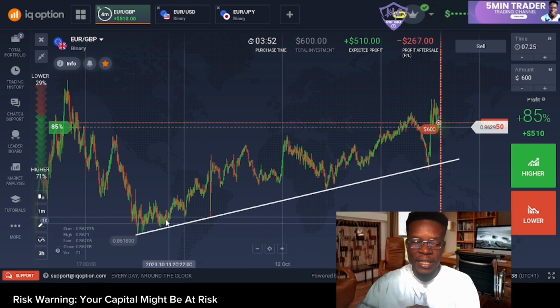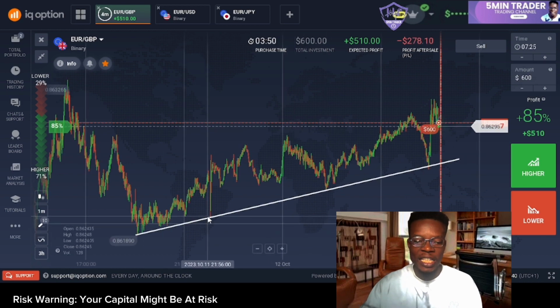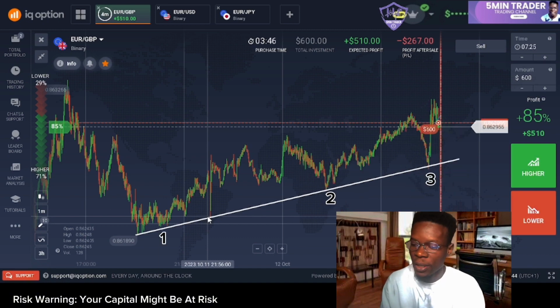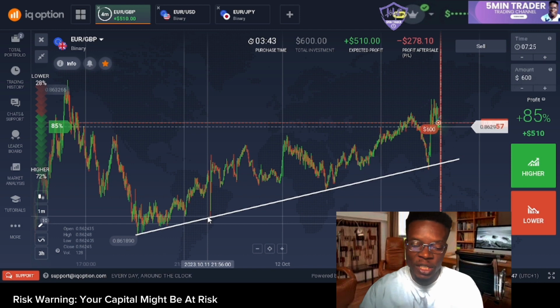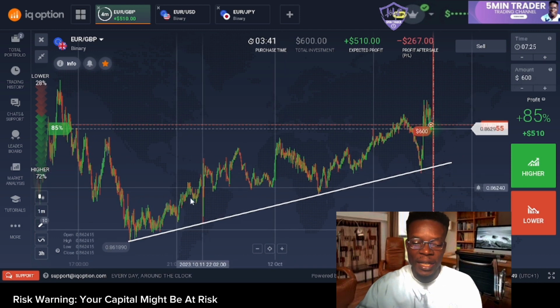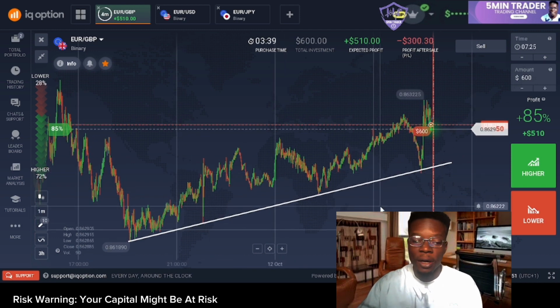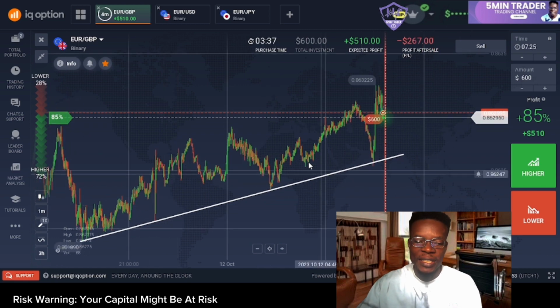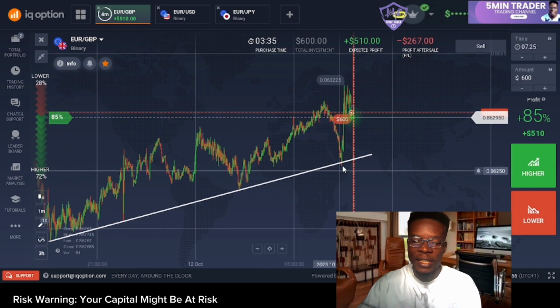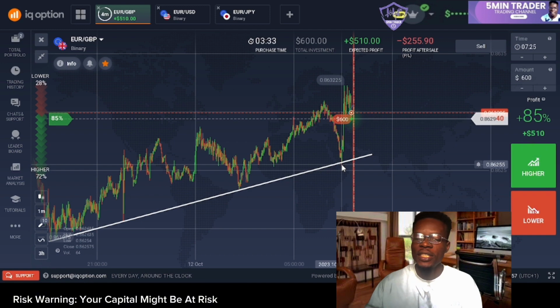You can see that this has been a trend line that has been respected for quite some time. For the past 3 hours the price has respected it, and we can see that this is a strong trend line. And again, you can see that the price has recently tested this trend line, which is a good thing for this trading setup.